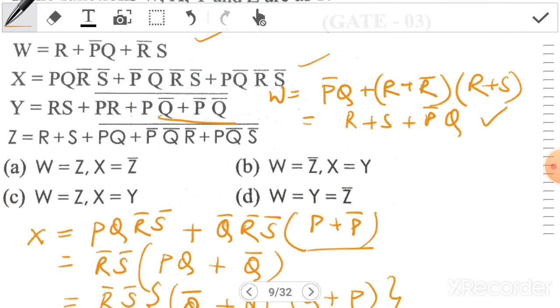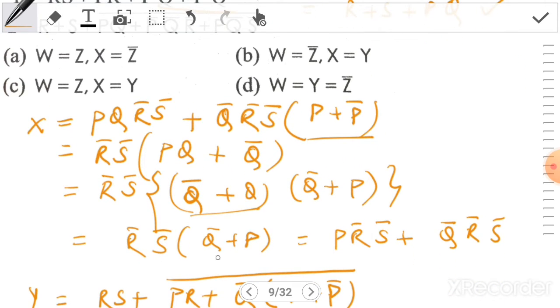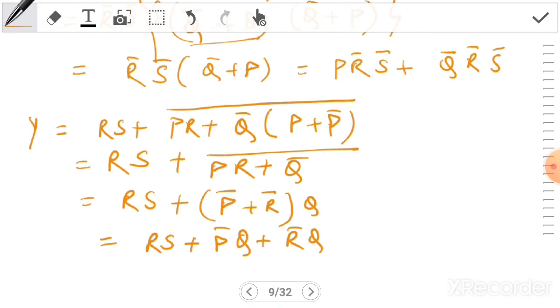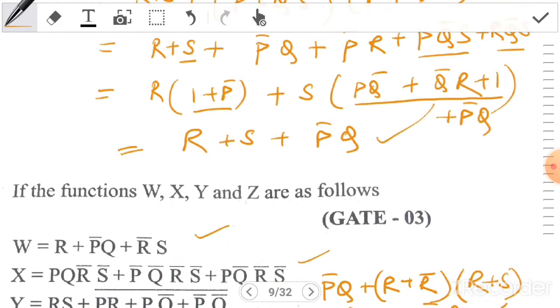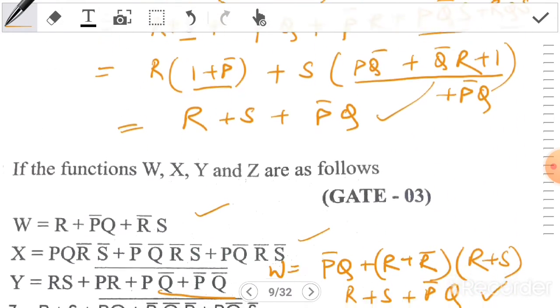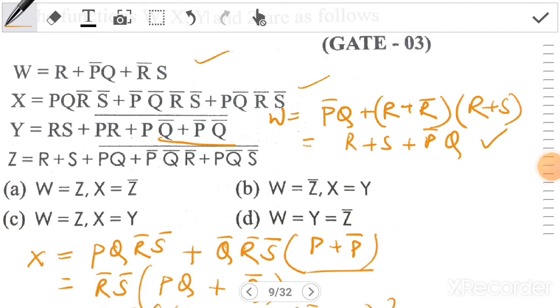So W is equal to Z first, and X is equal to X and so only A and C could be true. B and D is wrong because W is Z is there in A and C.